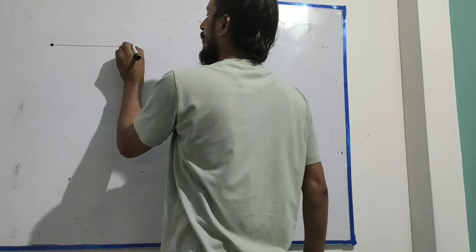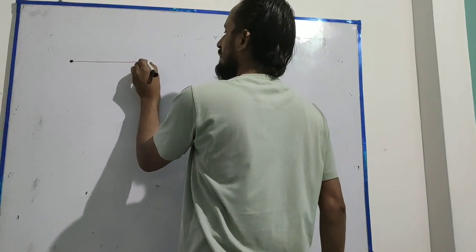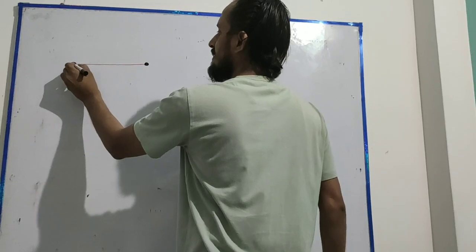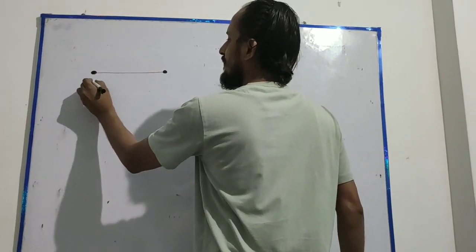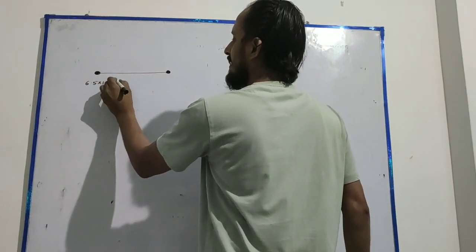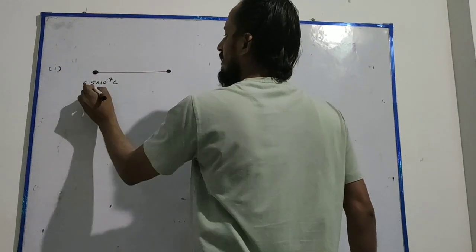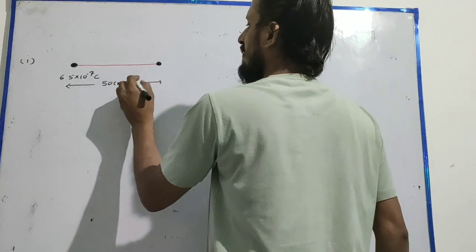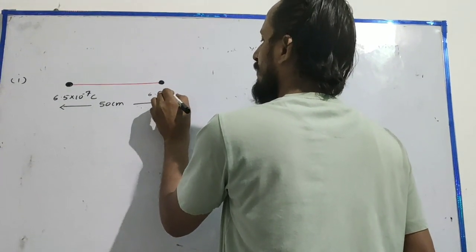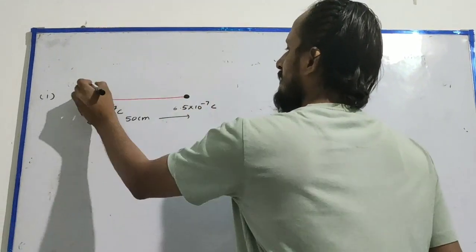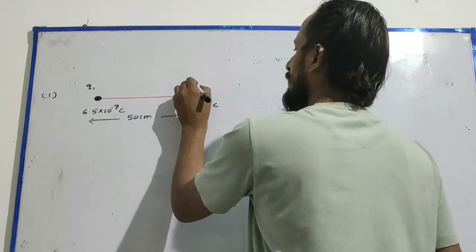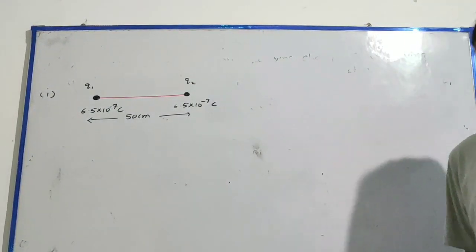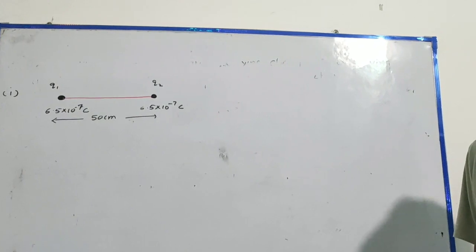Two insulated copper spheres having the charges 6.5 into 10 raised to the power minus 7 coulomb separated 50 centimeter apart. This is Q1 and this is Q2. Find the force of electrostatic repulsion.